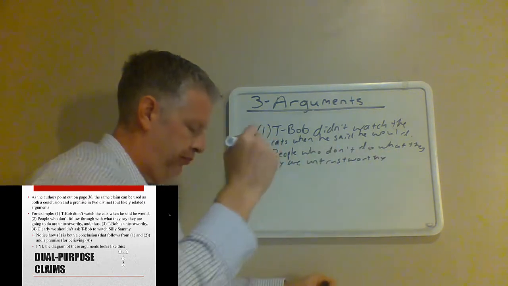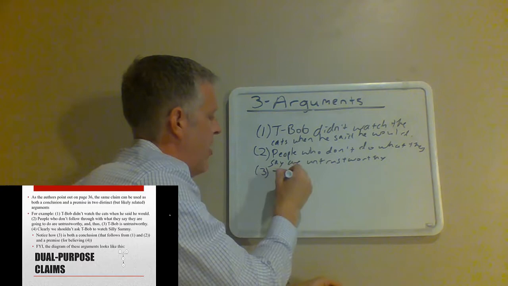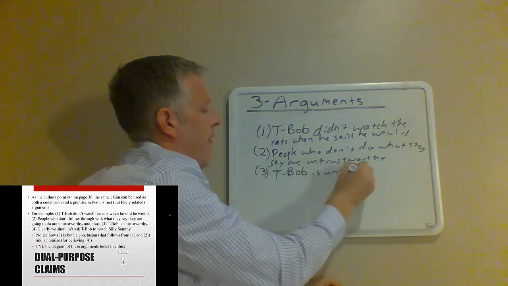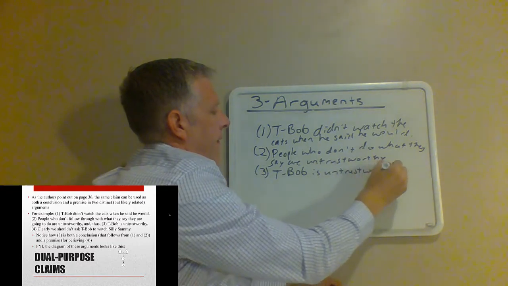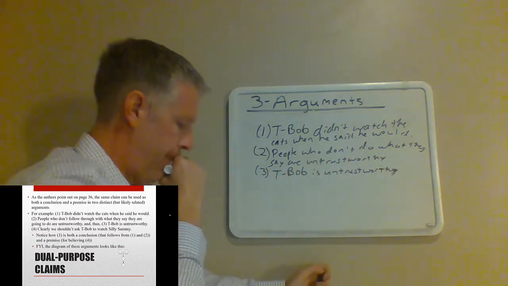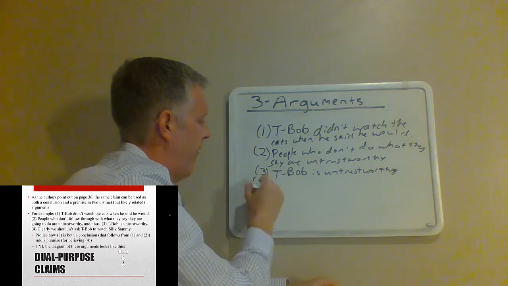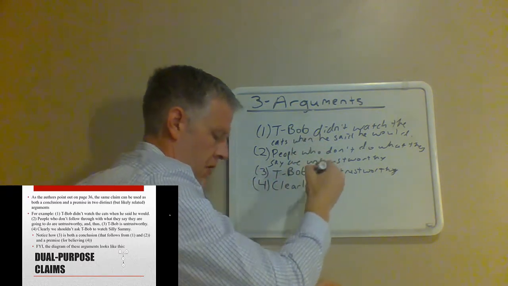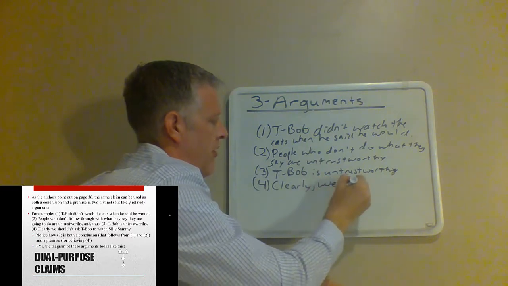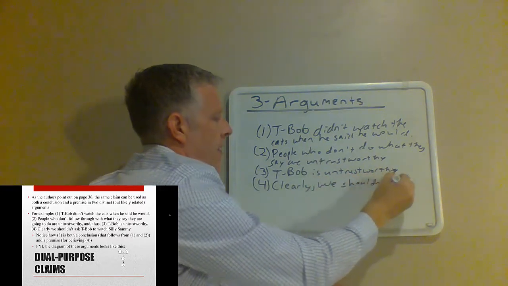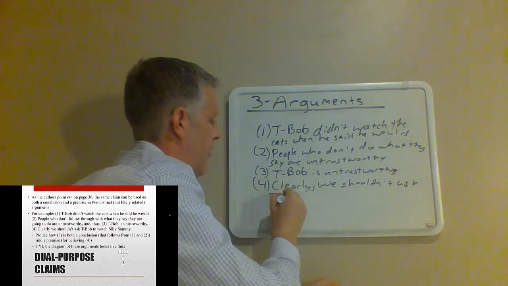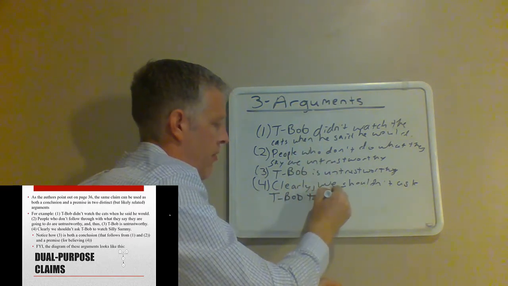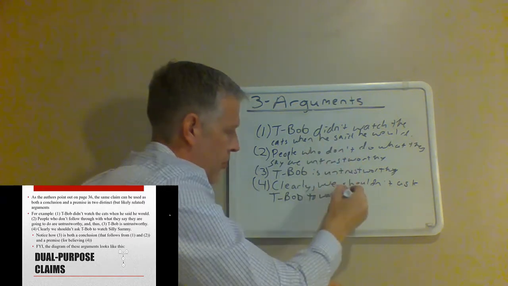Statement 3: T-Bob is untrustworthy. Oh my goodness. Okay. Statement 4: clearly we shouldn't ask T-Bob to watch Silly Sandy, although we should probably ask him to change his name.